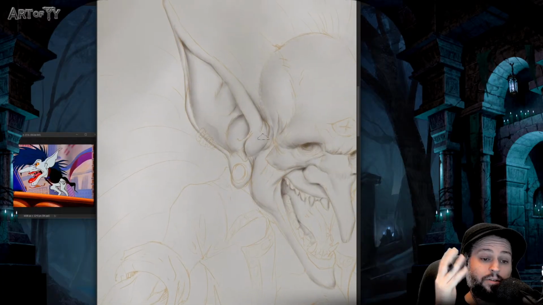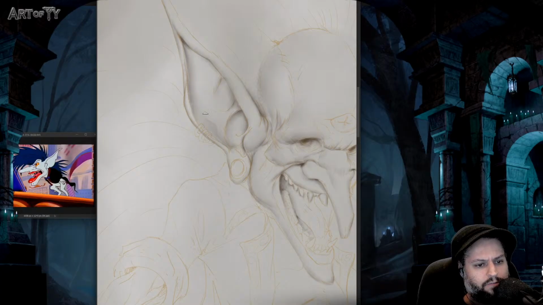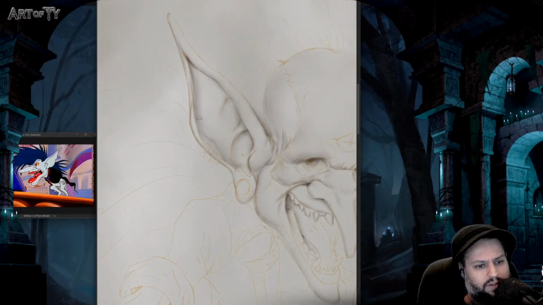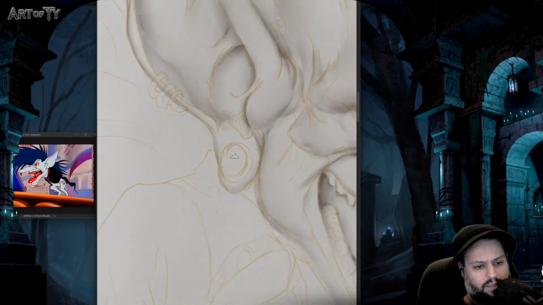I mean, these are creature ears, so we definitely have an opportunity to do something a little unexpected with them. So I'm going to try to take advantage of that if I can. At the same time, we don't want to lose that relatable component.